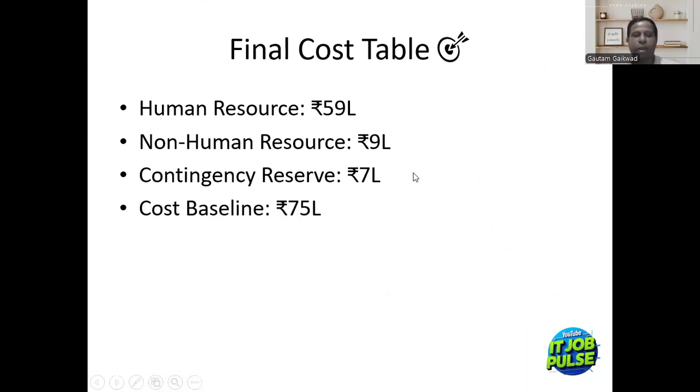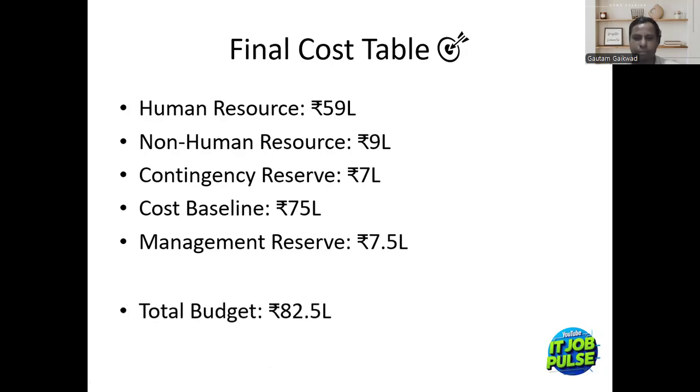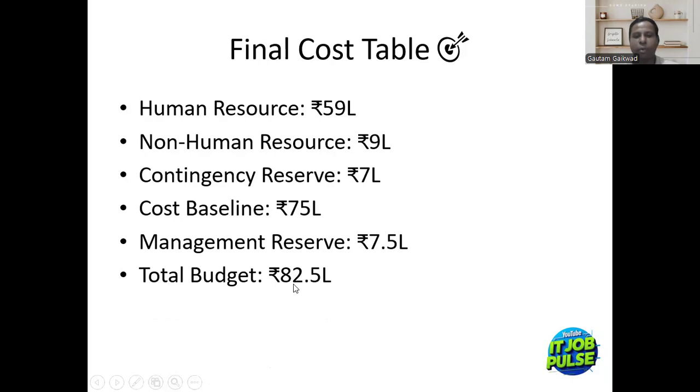Then cost baseline is 75 lakh, so the total of this is coming to 75 lakh. But we have added management reserve, that is for unknown risks, or any act which is not in our control, like we discussed earthquake, COVID. So the total budget is coming to 82.50 lakh.